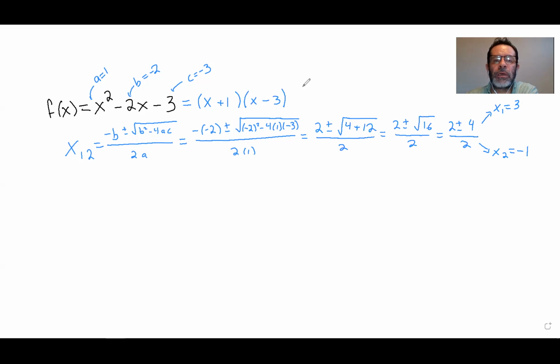So from here, I'm going to do it this way, just because I'm a little OCD. It's going to be x minus 3 and x plus 1. So this would give us that x1 is 3 and x2 is minus 1.